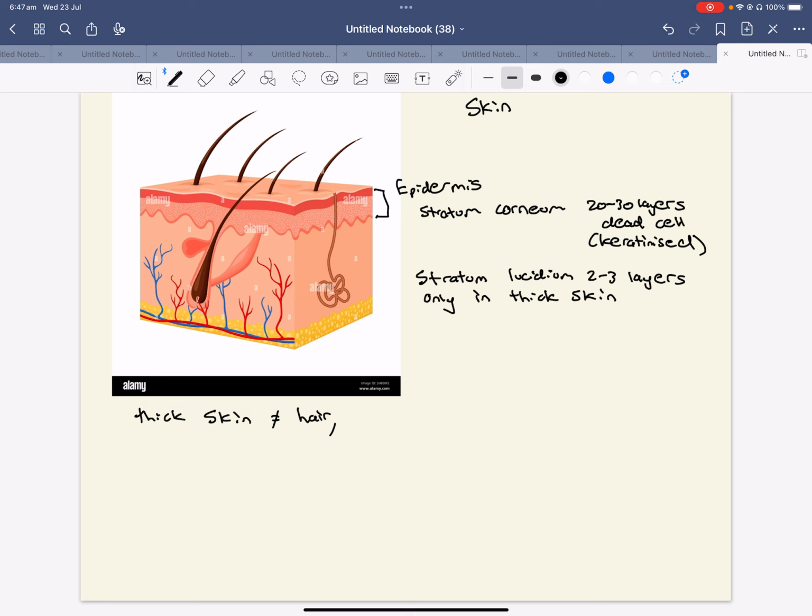So this does not have glands, specifically sweat glands, right? It doesn't have any of that, right? So this would be like the palm, soles of your feet, etc. Okay?